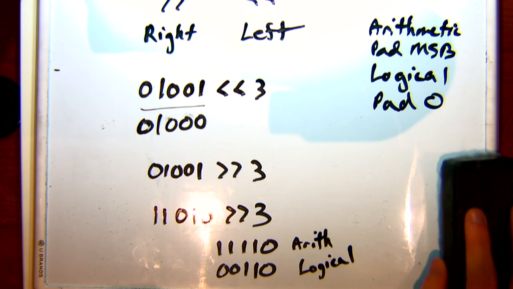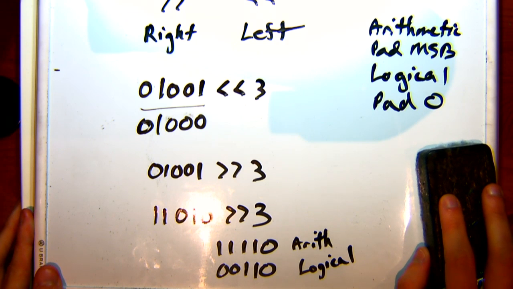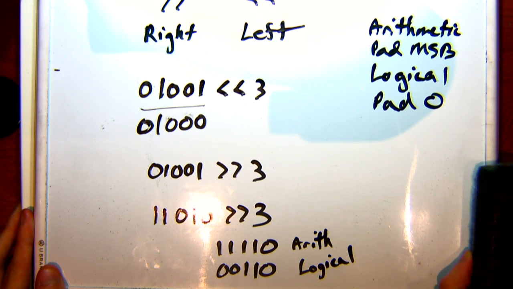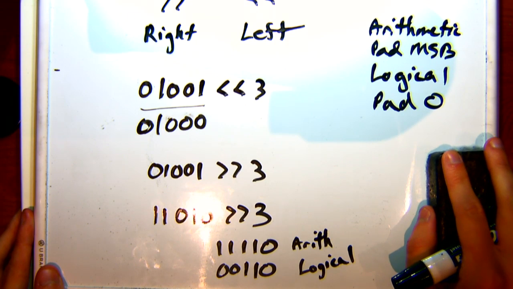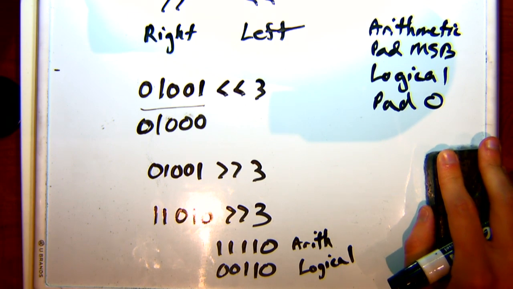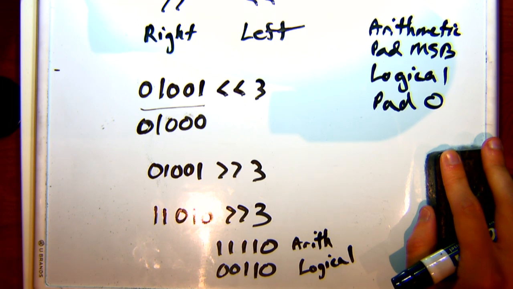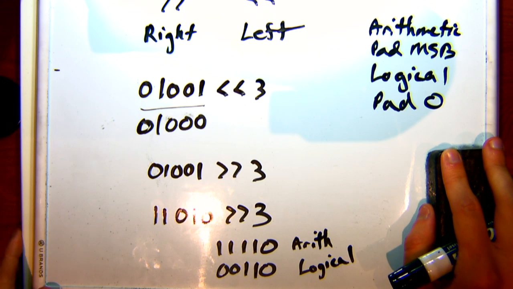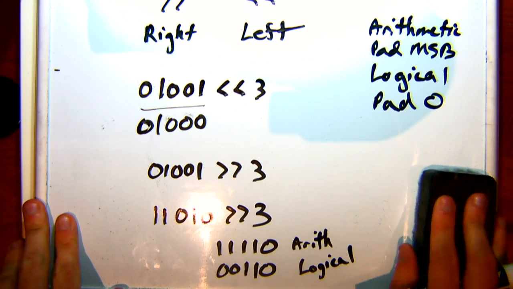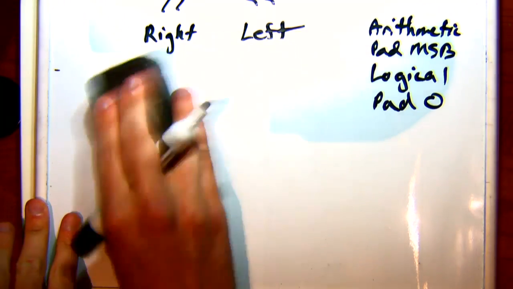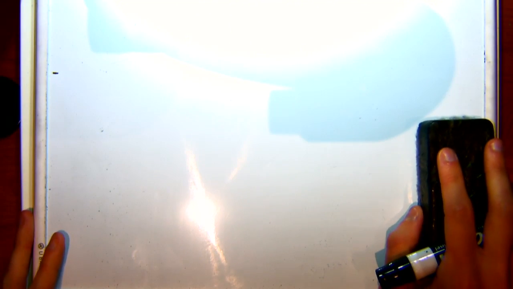If the number is signed, then I would assume that it's going to be arithmetic, because the reason that we do an arithmetic shift is to keep the sign, because otherwise when we shift it's going to become a positive number if it had a 1 there. So if it's signed, I would assume it's arithmetic. If it's unsigned, it doesn't really matter, you can do logical or arithmetic.